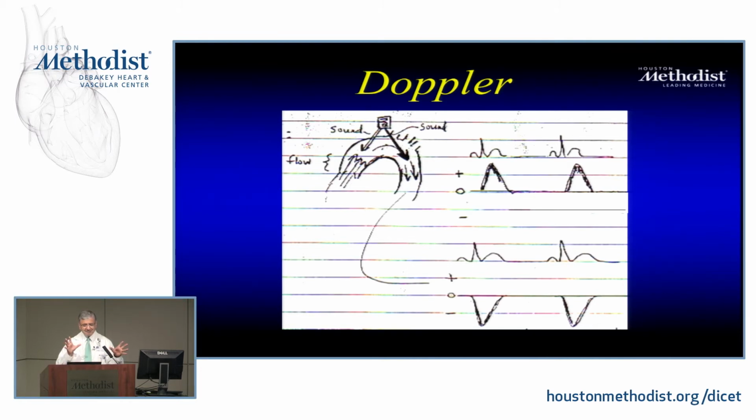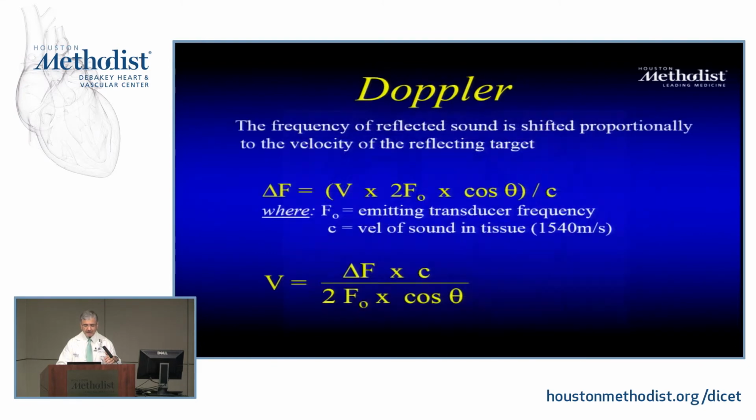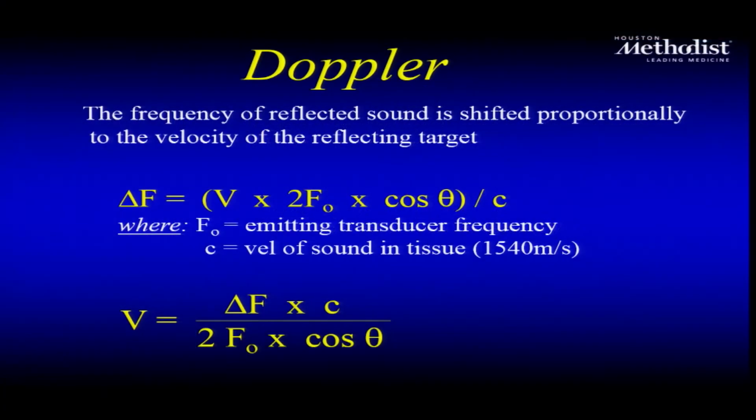And you could tell here that, if I take my Doppler from one side, I get a positive shift in the ascending aorta, and I get a negative shift in the descending aorta. And this is the Doppler equation. You don't have to remember it. I don't think it will be on your exam, but I think you have to remember a few things. One is that the Doppler equation is actually a frequency shift. You see it on the left side.